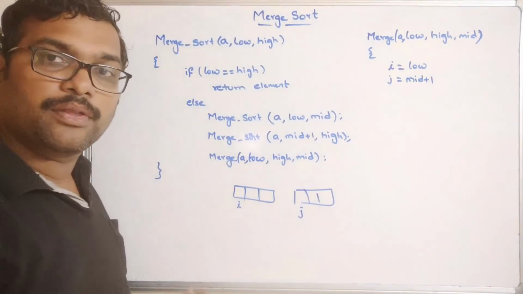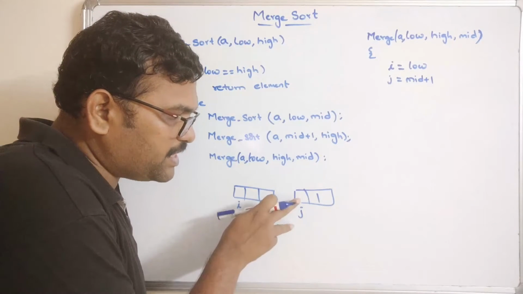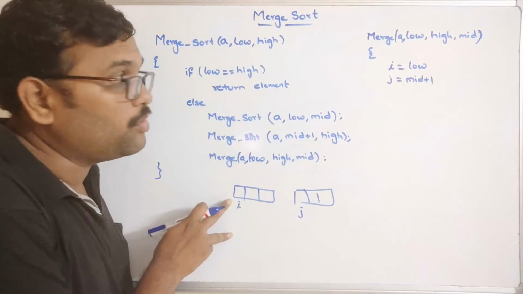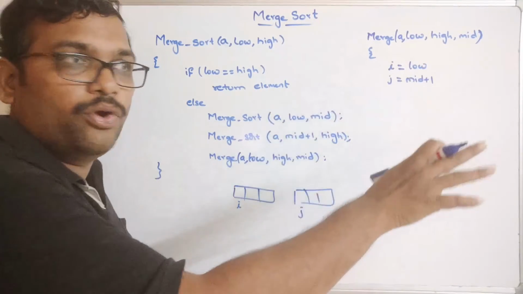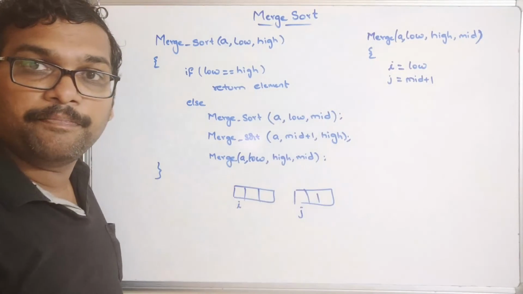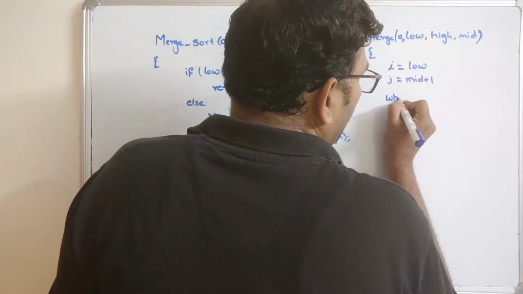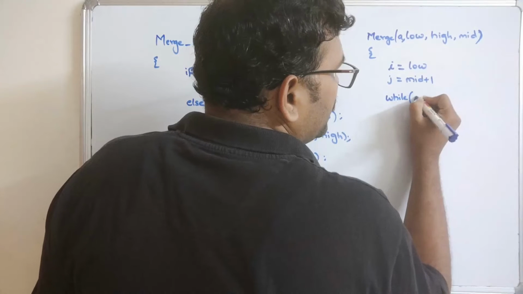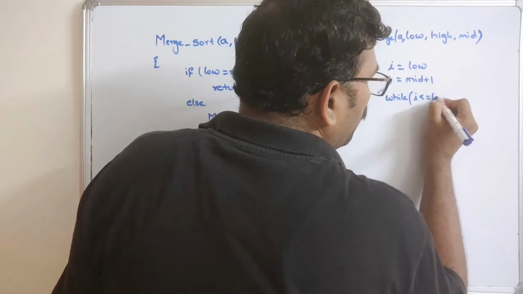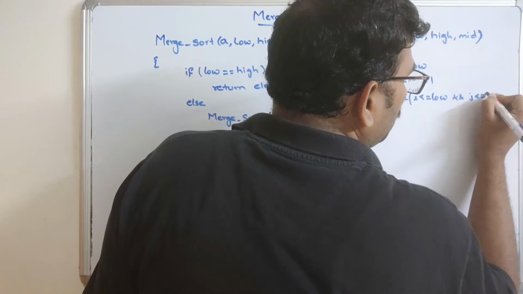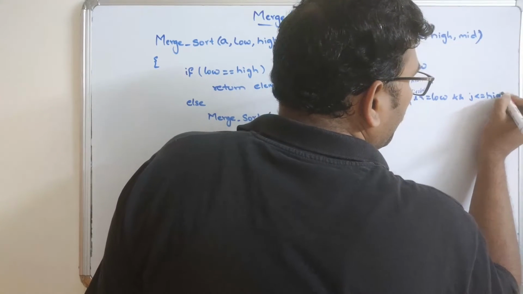Hope you understood, right? I will be the first element of the first array, so automatically I will be low, that is 0, and j will be mid plus 1. We need to continue this process until the two conditions are satisfied: I less than or equal to low and j less than or equal to high.